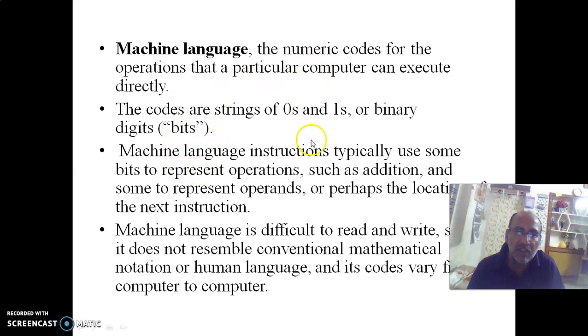In machine language, instructions typically use some bits to represent operations such as addition and some to represent operands or perhaps the location of the next instruction. Machine language is difficult to read and write since it does not resemble conventional mathematical notation of human language, and its code varies from computer to computer.